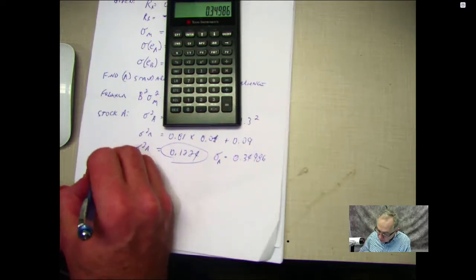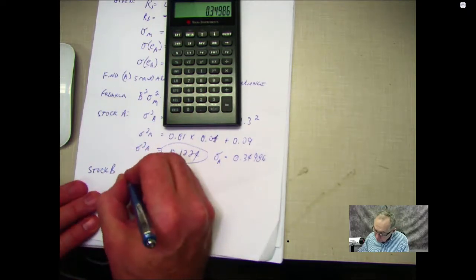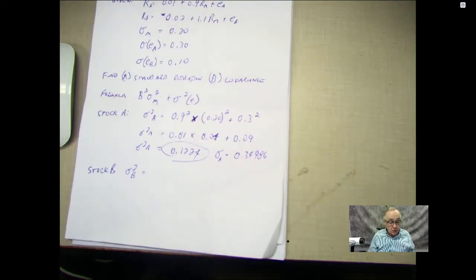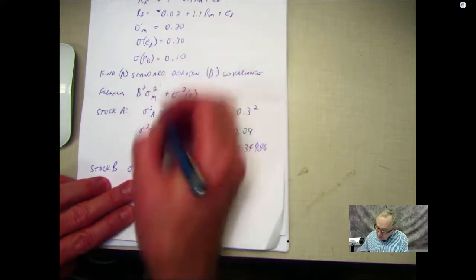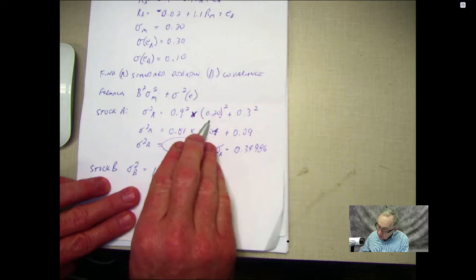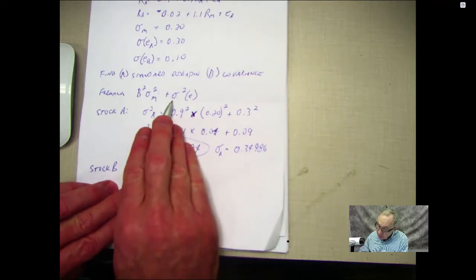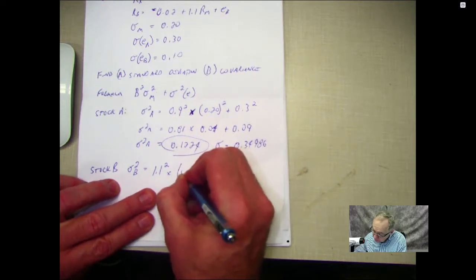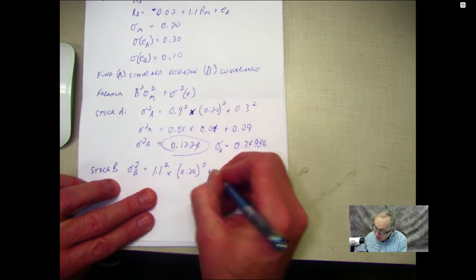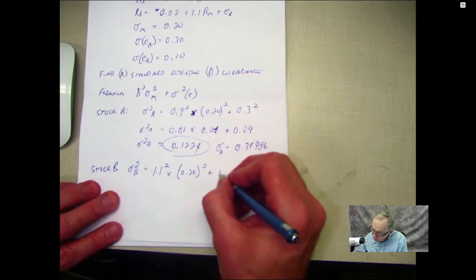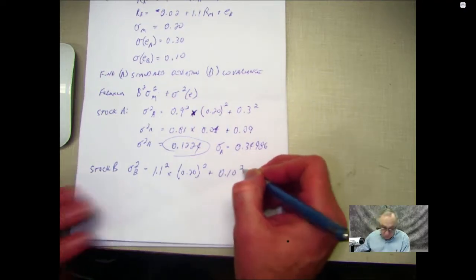Now, for stock B, the variance of unique company risk becomes beta, so 1.1 squared, times the variance of the market, that's 0.20 squared, plus the squared unique company risk, so 0.10, also squared.